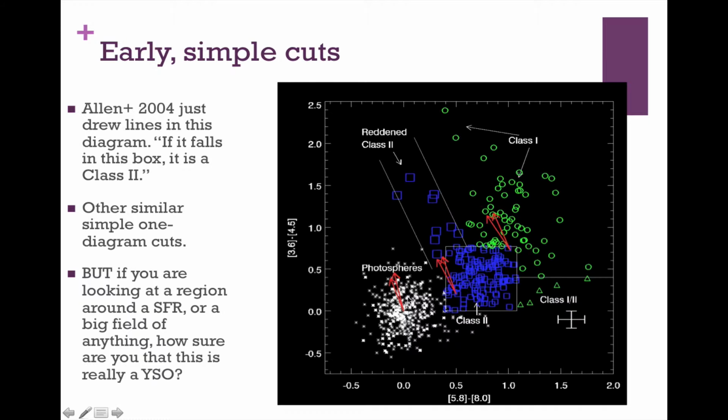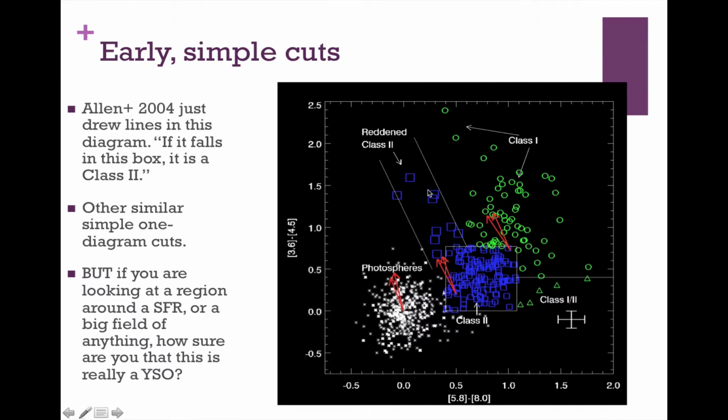Now, they've got some reddening vectors here. What that means is if there's a substantial amount of dust, because remember, the infrared dust doesn't affect you so much, but if there's a huge amount of dust, which there often is in star-forming regions, it's going to push these objects, in this case, redder in this direction, but slightly bluer in this direction because of something called the 10 micron feature.